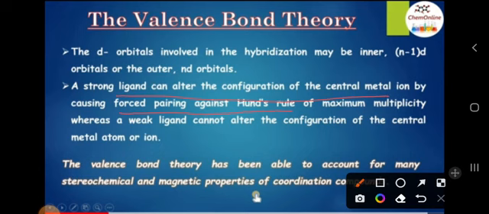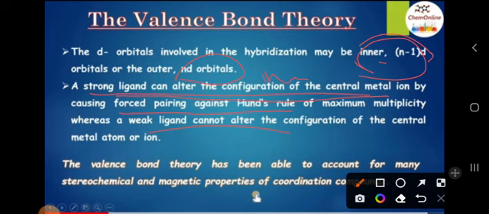Hund's rule means that electrons pair only after the other orbitals are singly filled. So it forces electrons to pair, and inner orbital hybridization takes place. Strong field ligands undergo inner orbital hybridization, and weak field ligands cannot force the metal atom, so they undergo outer orbital hybridization.